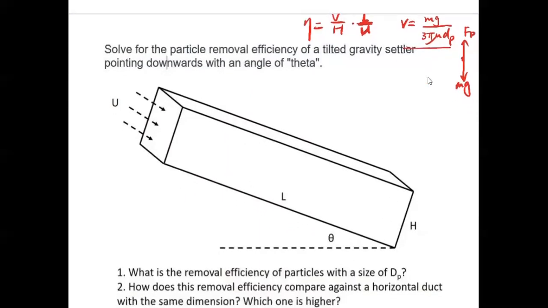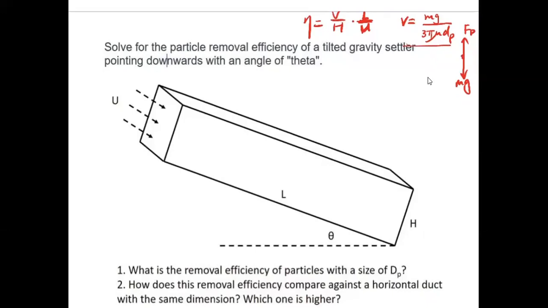For this tilted duct, things will be a little bit different. First, in terms of settling, let's say we're analyzing the movement of the particle here. It has a gravity trying to pull it downwards. If we separate the direction of this force, it has a component perpendicular to the base, which drags the particles to settle onto the base of the duct.